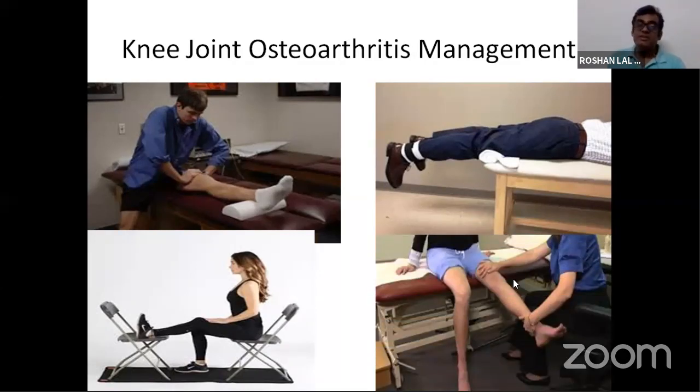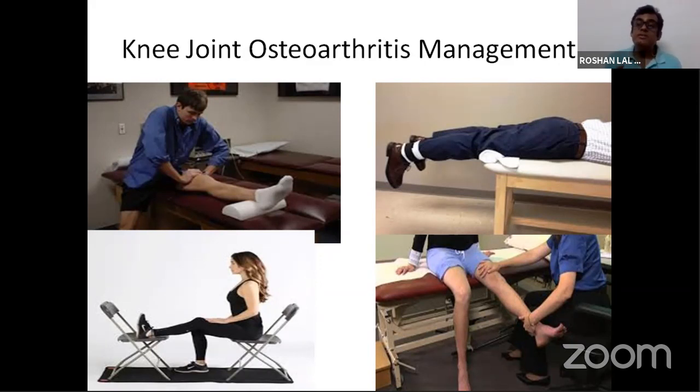And if the patient is attending your clinic, you just make the patient sit like this, hold the leg and stabilize the distal femur and extend the knee joint. So this will stress the posterior joint capsule, because posterior joint capsule fibrosis or shortening will limit the extension.